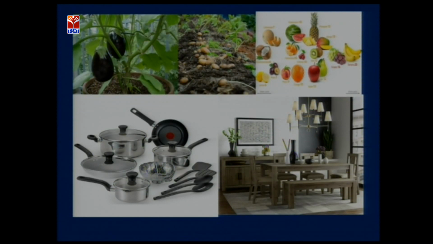And show real objects, different types of vegetables. You take one day all the vegetables, potato, a brinjal, a lemon. In this way bring all the vegetables and introduce. That comes under real objects. And utensils we use and furniture we use in our houses. These things we should teach to our students at the primary stage, and this is very helpful to our students.